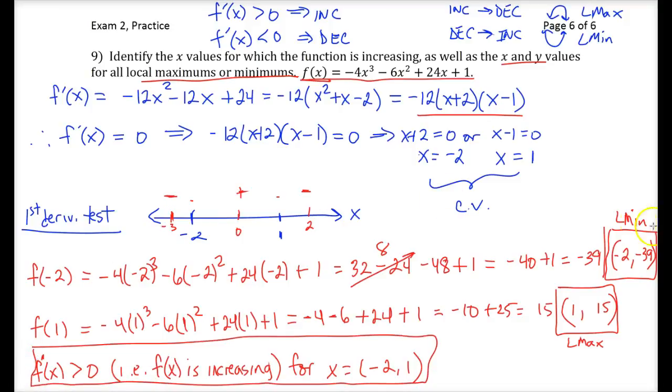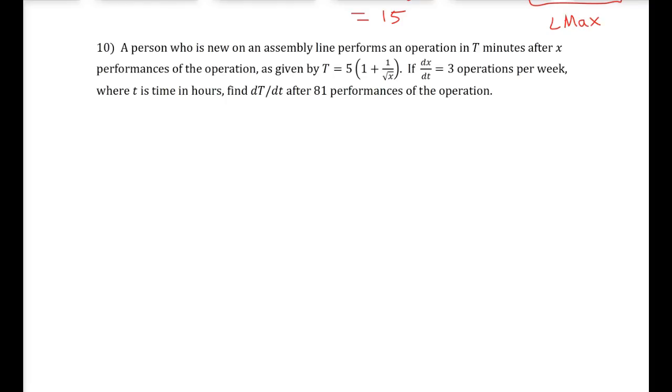So we have the local min location and point, local max location and point, and then of course where our function is increasing. So let's move on to the next problem.